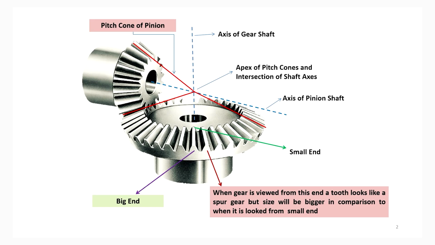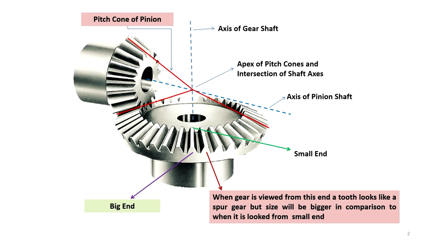As visible, the bevel gears are formed on a cone, whereas the two gears which we studied in our previous classes, the spur gear and helical gear, were used to transmit power between two parallel shafts like this, and the gears were mounted like this in both cases.